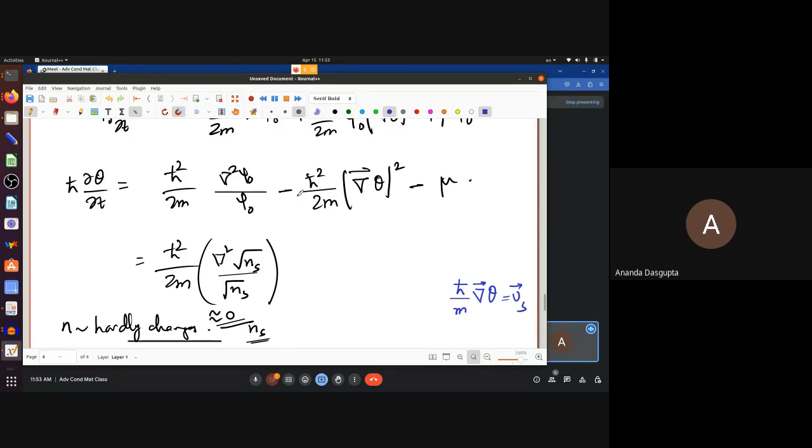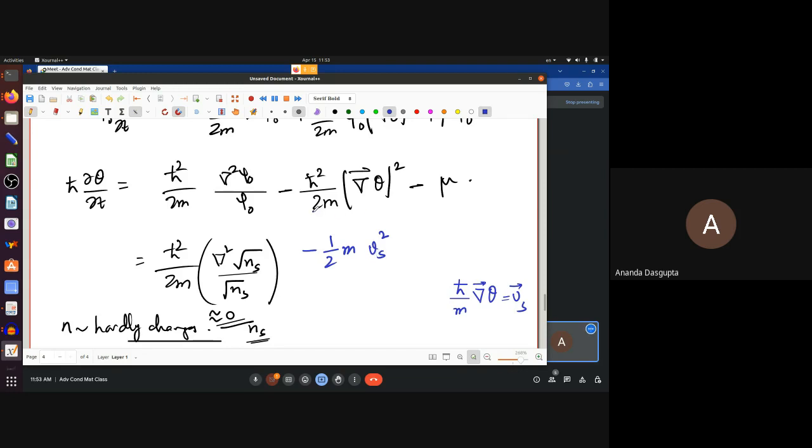Half m vs squared. Great. Actually, there is an m square vs square, so the h cross square will cancel out, and you're just going to get minus half m vs square.